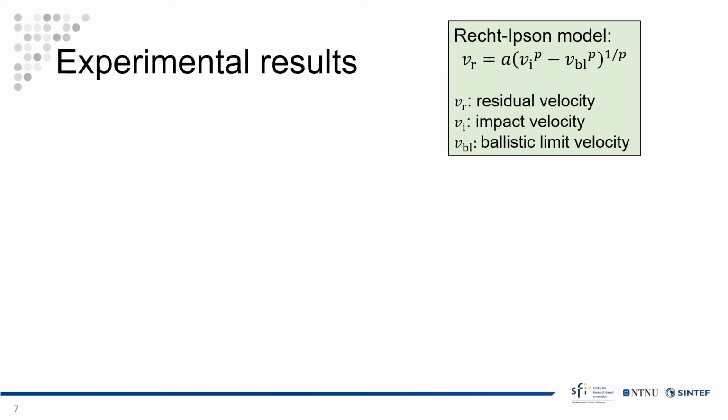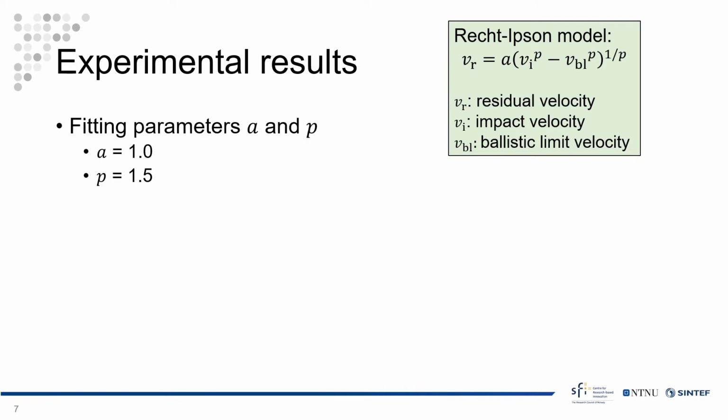Now I will present the experimental results. We started by fitting the Recht-Ipson model to our test results. This model describes the relationship between the impact and the residual velocity of the bullet, so it describes the ballistic limit curve. In this model, we have 2 fitting parameters, a and p, and these control the shape of the ballistic limit curve.